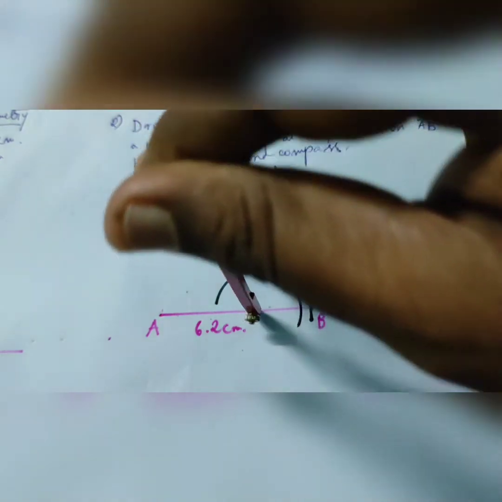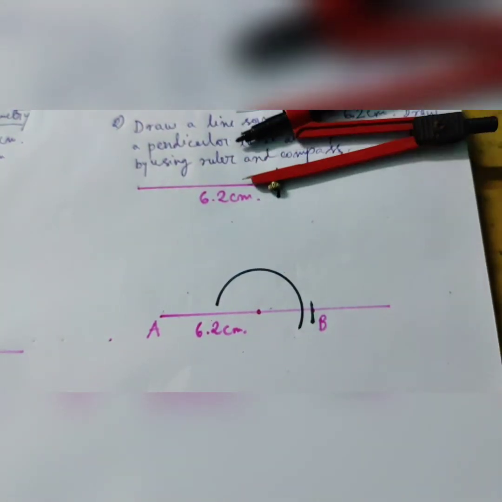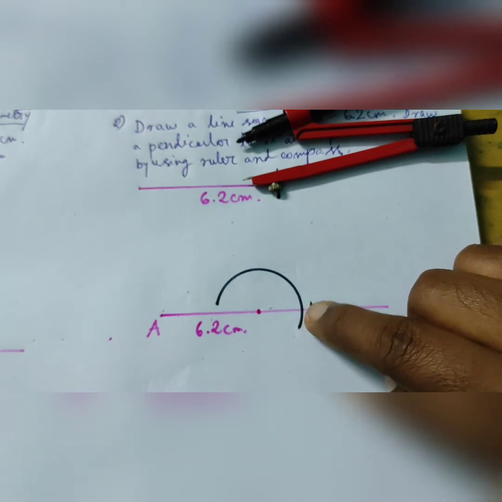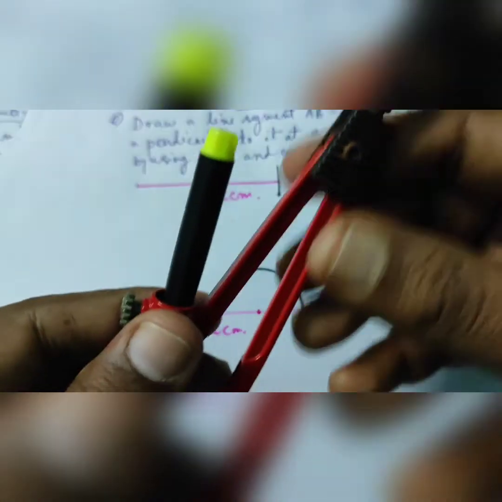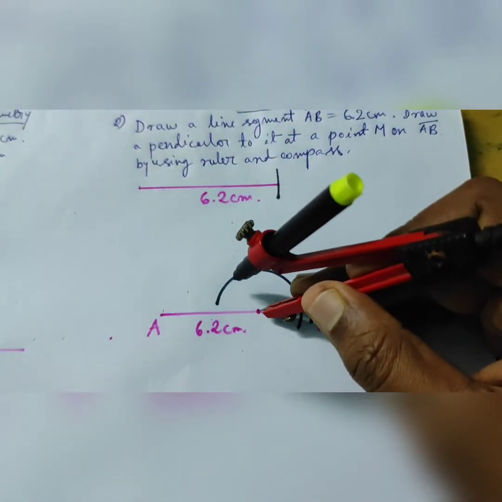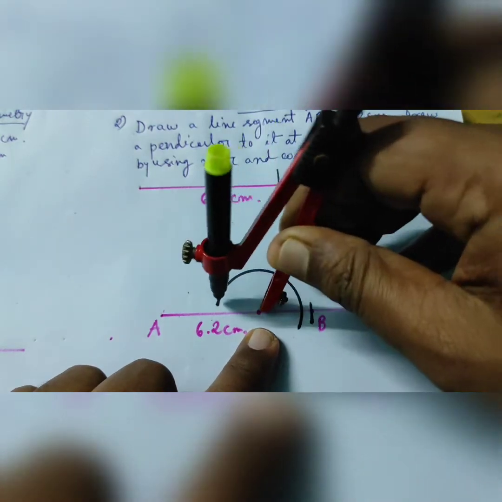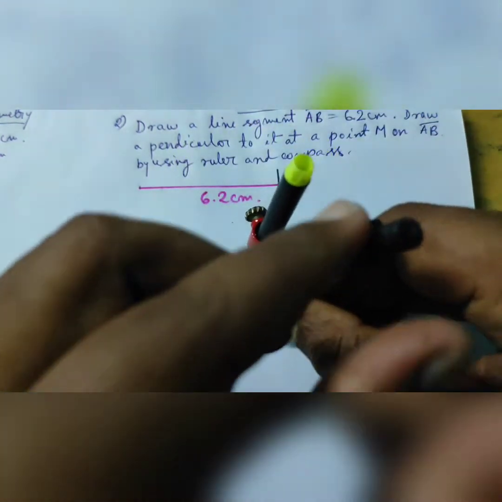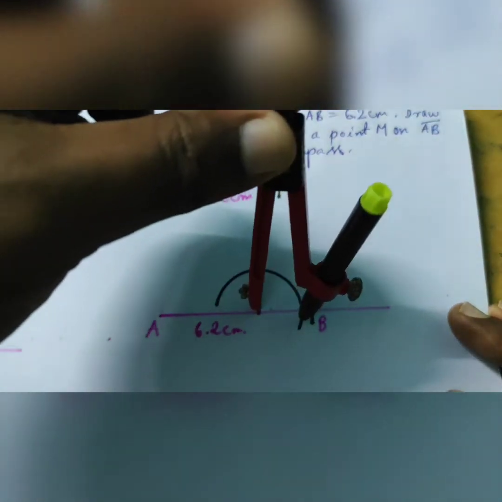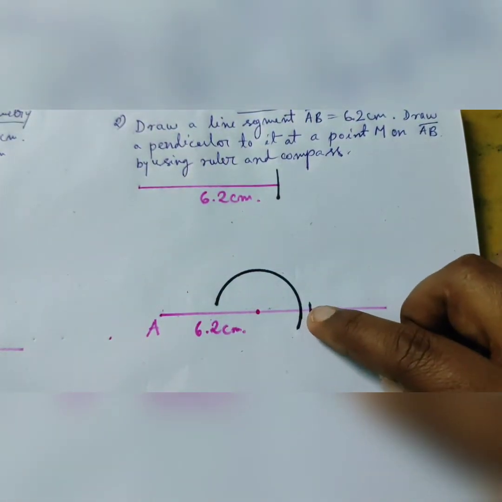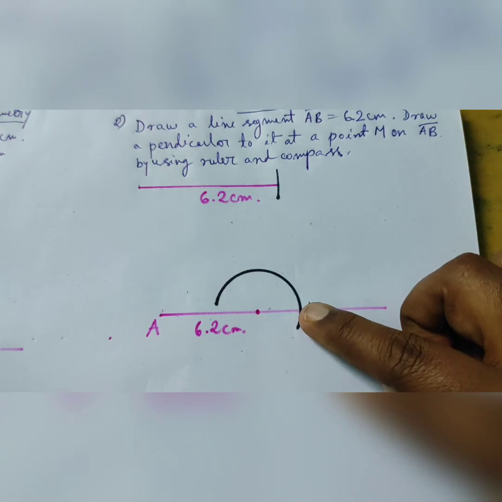This arc is looking a little bigger. Make sure this arc intersects the line segment at one point. So again, put the needle at this point and using a considerable radius, draw a little bigger arc like this, and it should cut the line at one point.